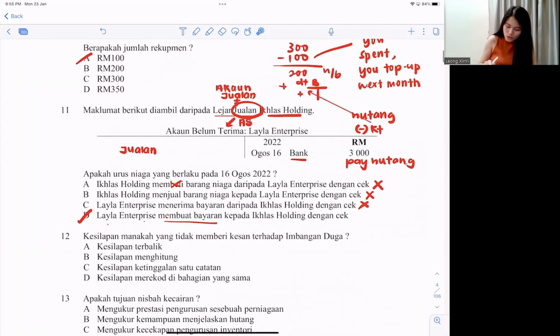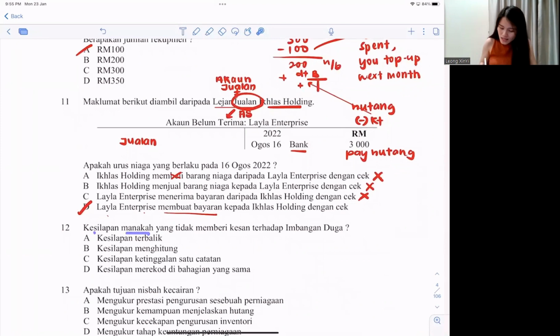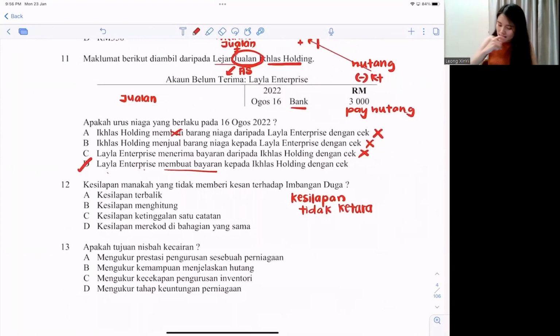Let's move on to question 12. Kesilapan manakah yang tidak memberi kesan terhadap imbangan duga? So we are talking about kesilapan tidak ketara. Okay, I'm going to list them out for you guys, okay? Now, the kesilapan tidak ketara that we have is prinsip. We also have songsang.